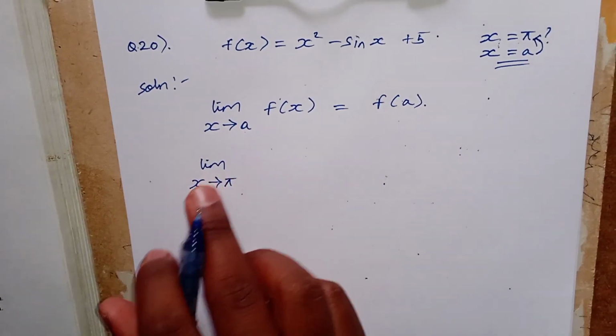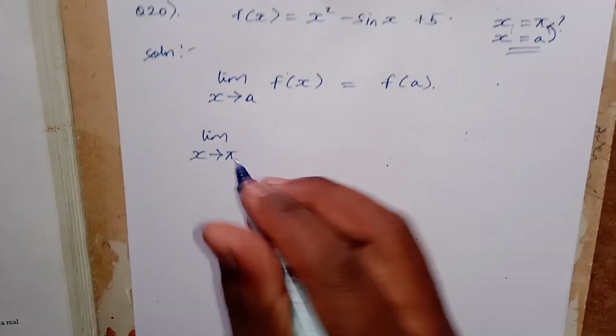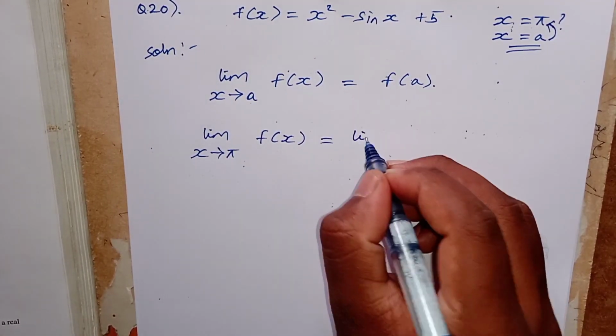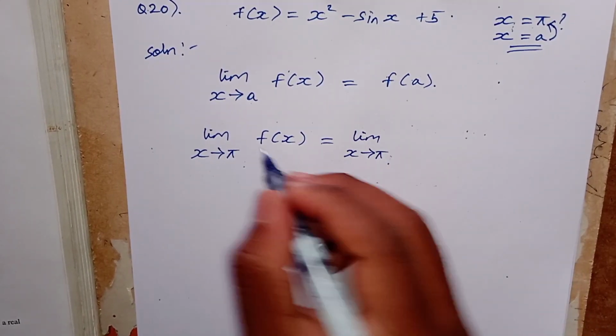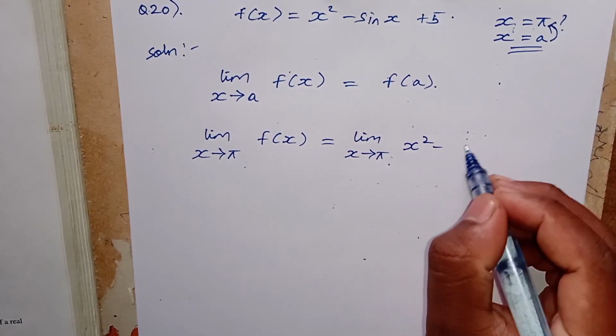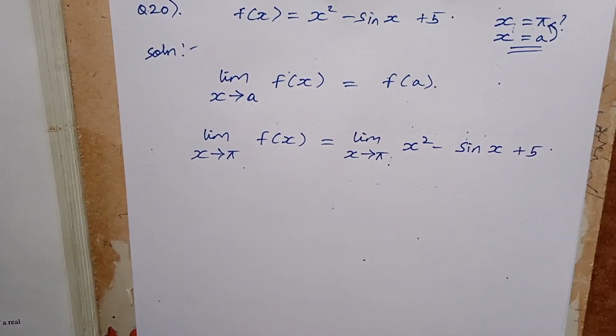Therefore limit x tends to pi of f of x is equal to limit x tends to pi of x squared minus sin x plus 5.